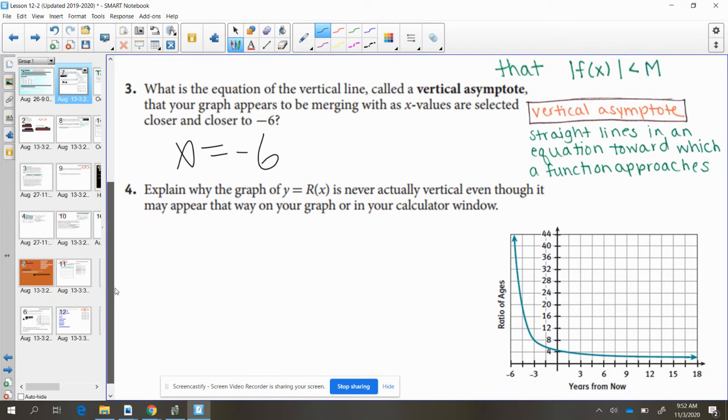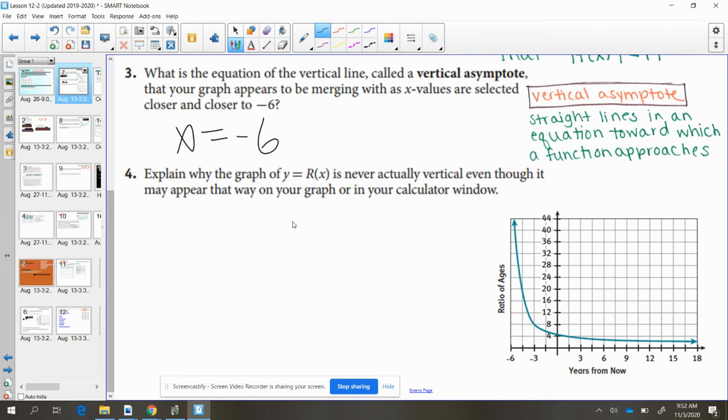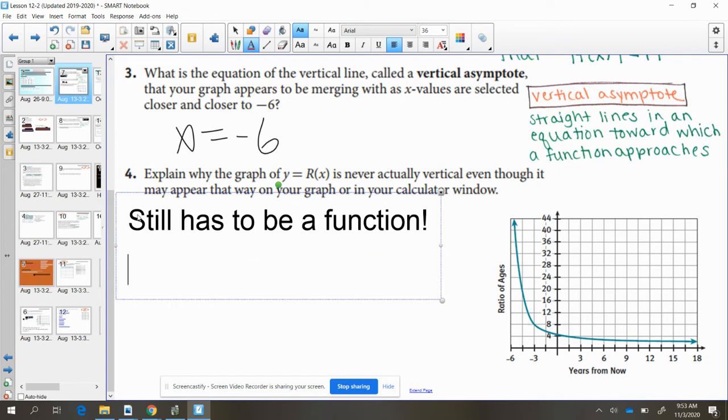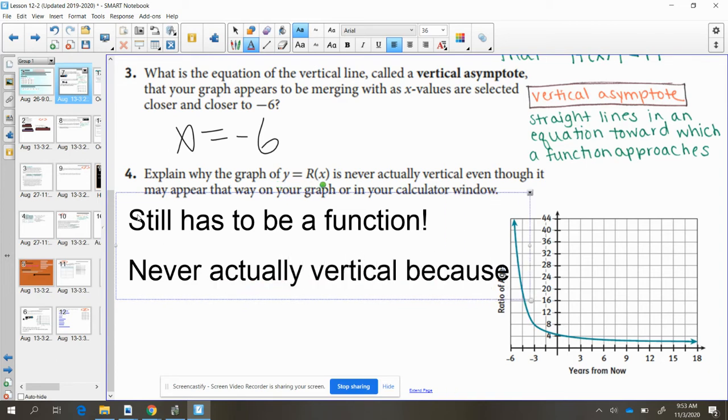And looking at this graph, why is it actually never going to officially be vertical, even though it might look that way in our graphs? Well, the answer is it still needs to be a function, right? So it still has to be a function. So even though it looks like it's going to approach that vertical line, it's never actually going to be vertical because it has to pass the vertical line test.